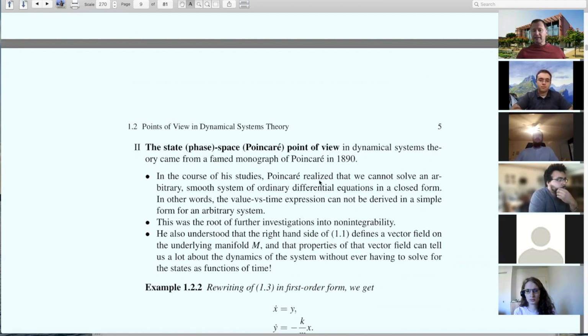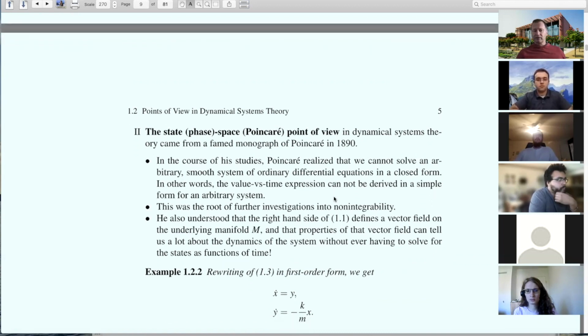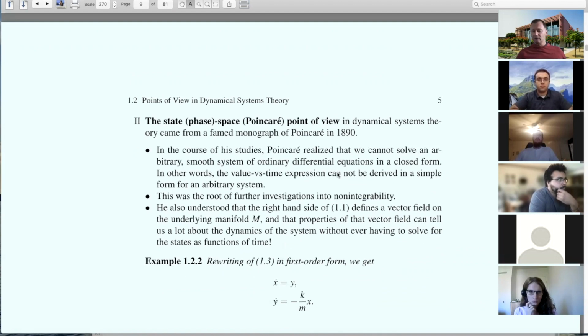There was a realization that x dot is equal to f of x cannot always be solved in a closed form. In particular, the study was of the three-body problem. Think Sun, Earth, Moon. So Sun, Earth, you all solved for in undergraduate classes or graduate classes.